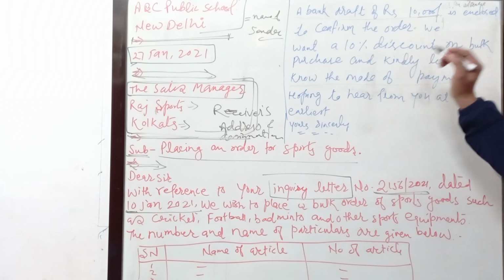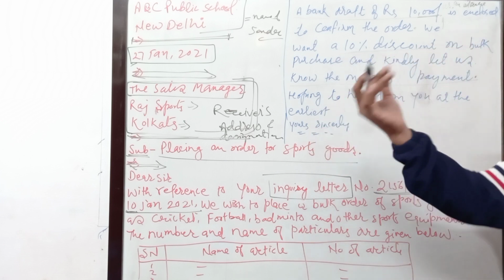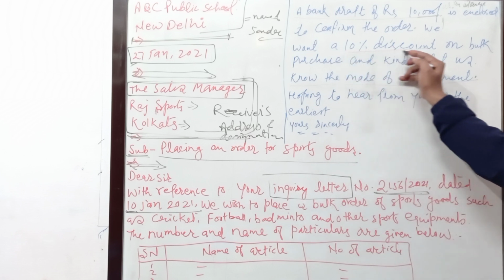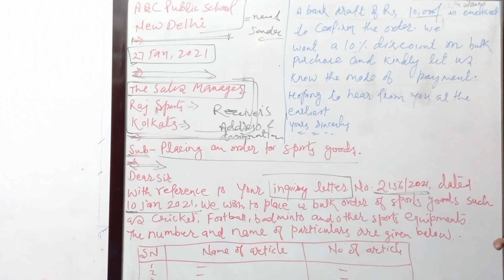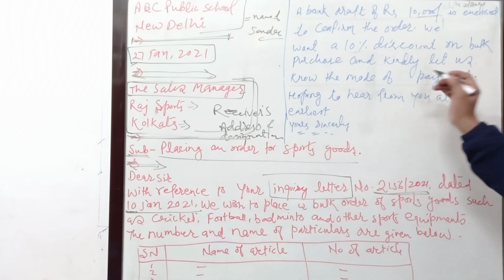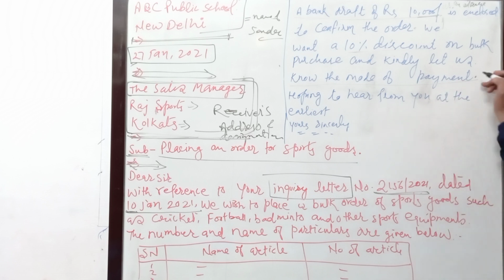Here you can write the 10% discount or 20% discount, 5% discount, whatever you feel like. It's not mandatory, but you have to remember this particular line. And after that we can talk about the mode of payment. Got it? So here the letter is completed.